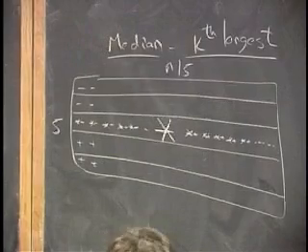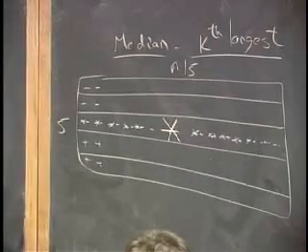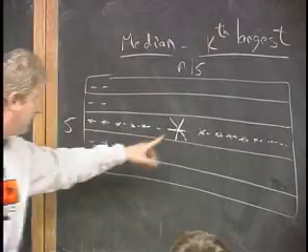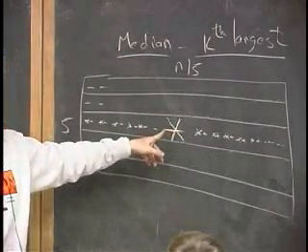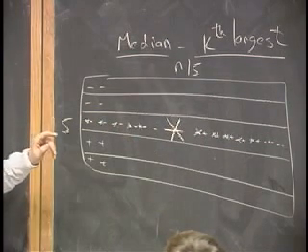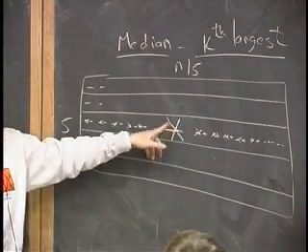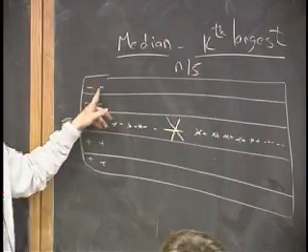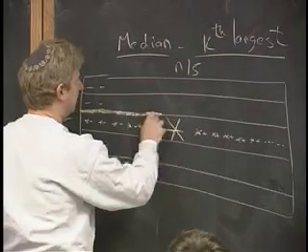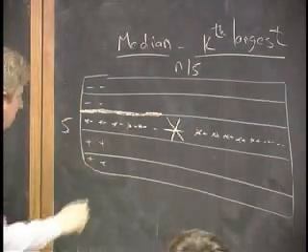So let's identify what section of this rectangle have numbers that are definitely smaller than this. Now, where are they? Smaller than this middle guy. North, west, right? Oh, yeah, good.